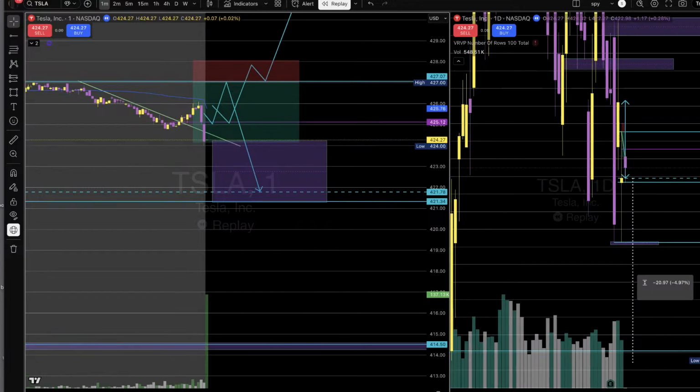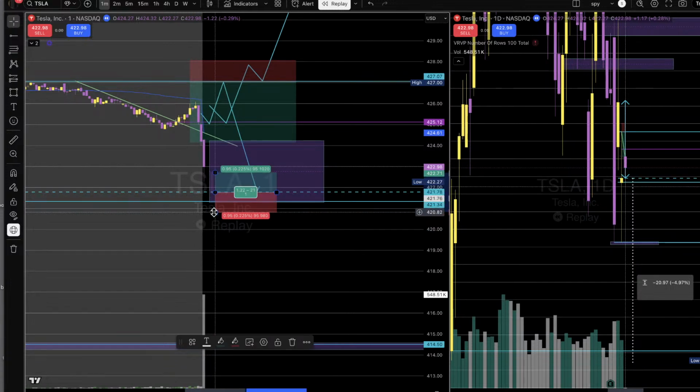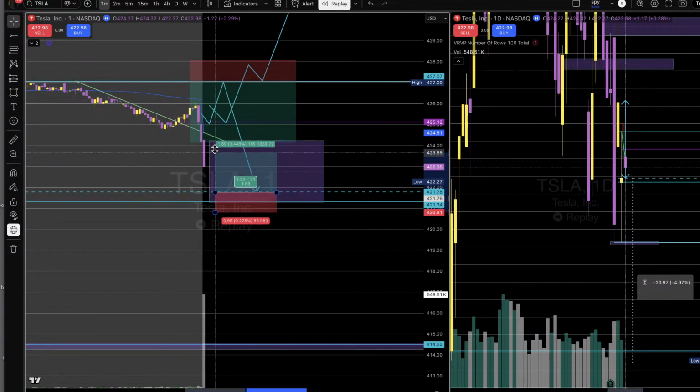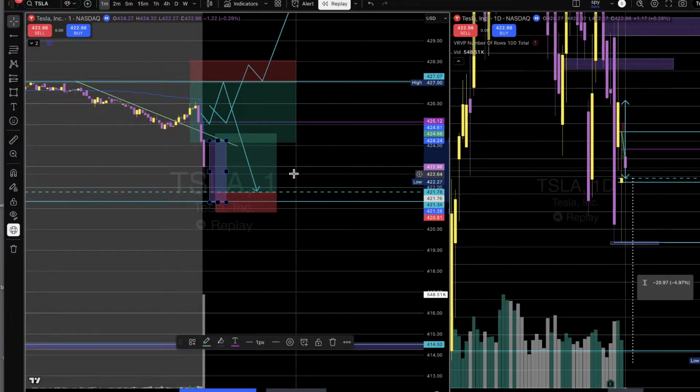Yeah, there's no entry. That's not an entry. I mean, yeah, this would be an entry for sure right here. That actually is an entry. Something like that. This one failed.